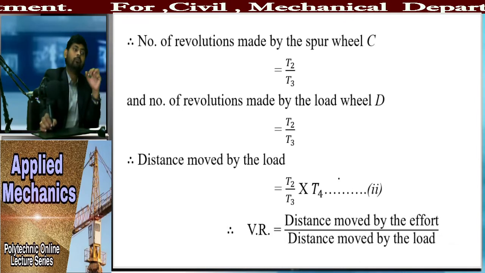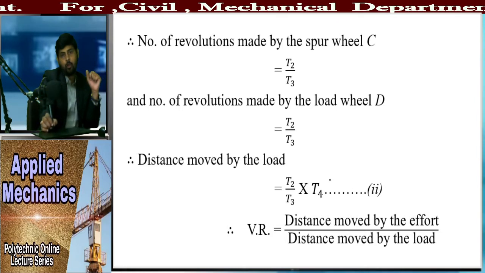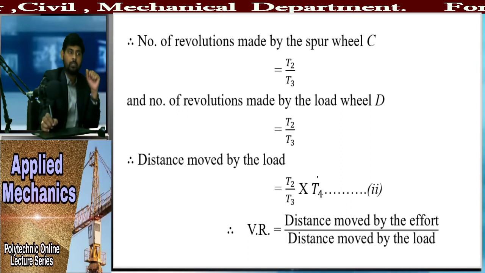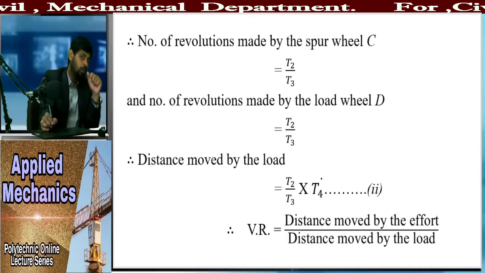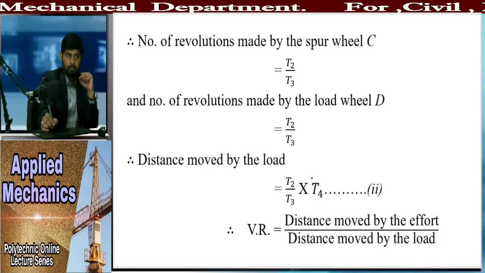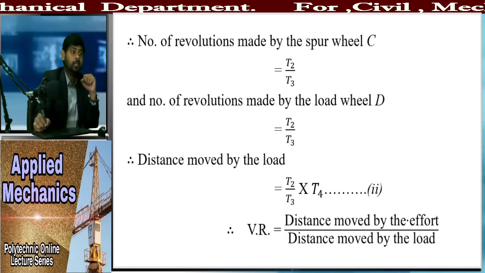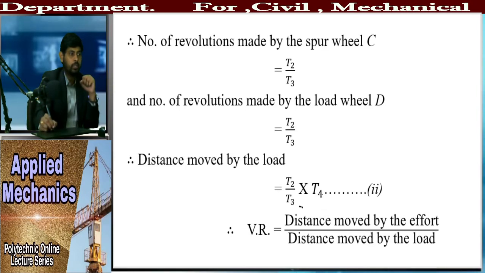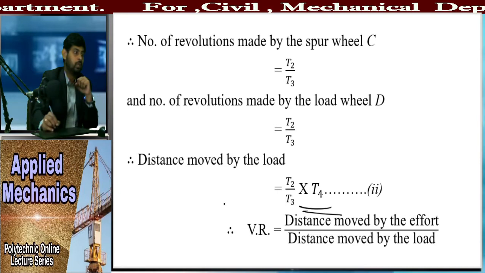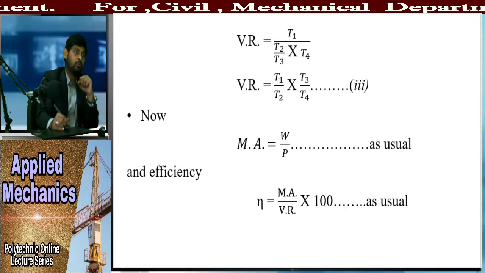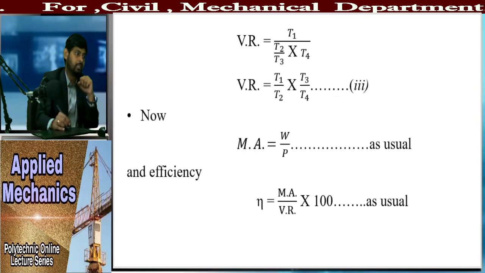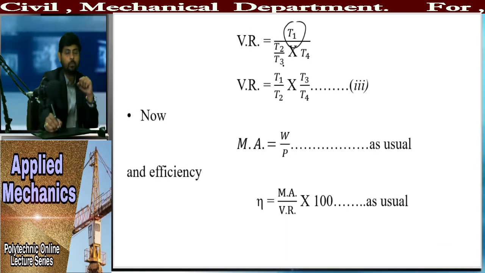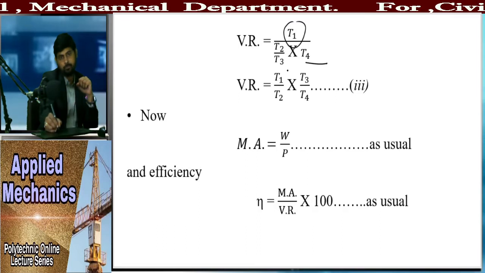Now we have to find out the velocity ratio. We know the equation for that: the ratio of the distance moved by the effort to the distance moved by the load. Here the distance moved by the effort is given and the distance moved by the load we have also found out. Then put both values in this equation. So the velocity ratio is equal to T1 divided by T2 by T3 multiplied by T4.